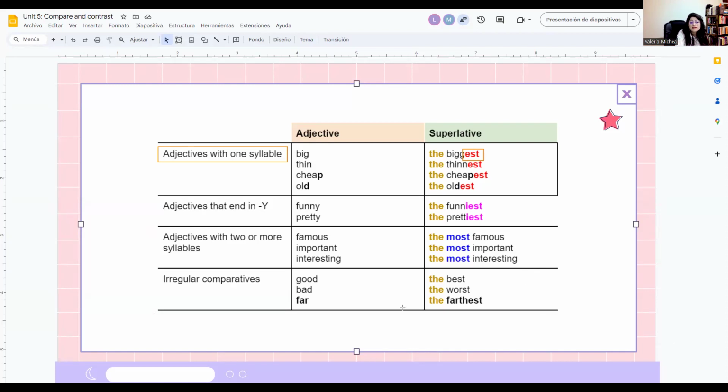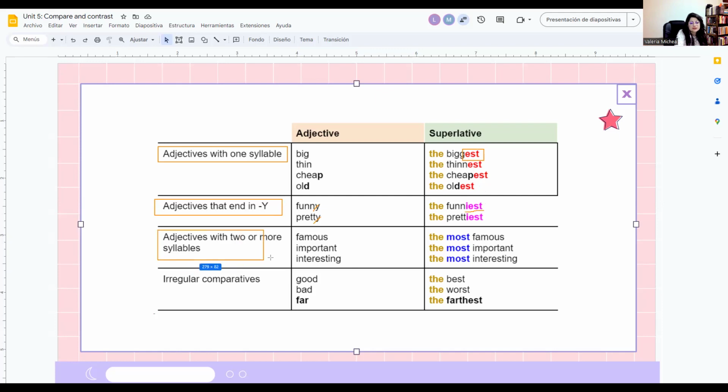That's it. Then we have adjectives ending in y, and again, following the rule, you have to drop the y and you have to add iest. So funny becomes the funniest, pretty becomes the prettiest, easy becomes the easiest, etc. So yeah, that's how it works.